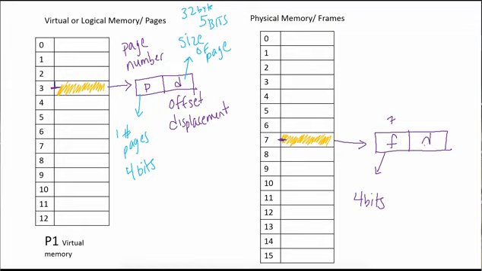And over here, this is the displacement or the offset within the frame. So this is going to be the size of the frame, and this is going to be the frame number. And this is the actual physical address.